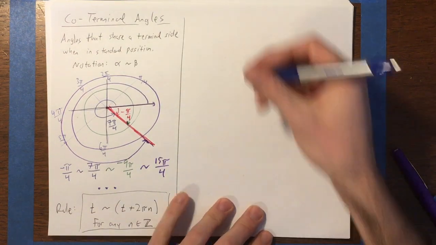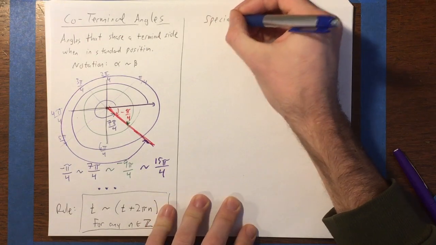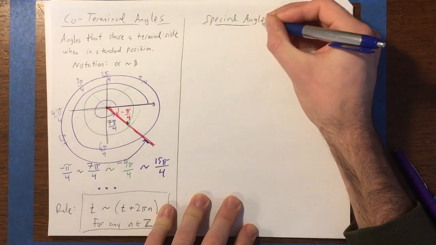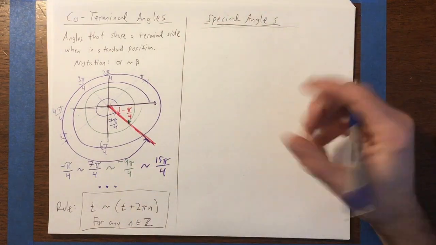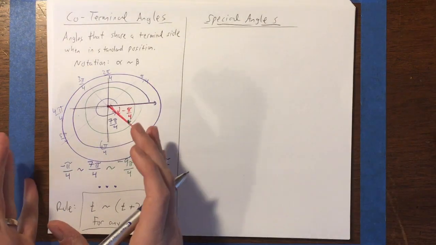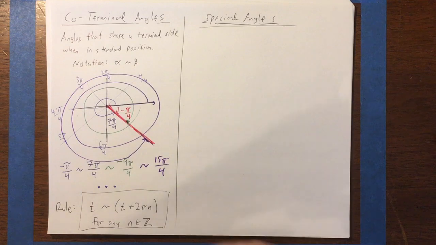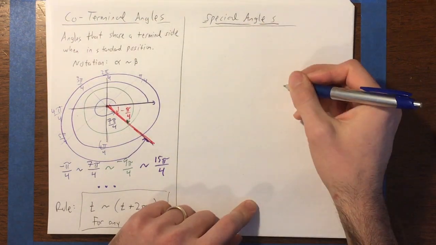Now, I want to also take this opportunity to talk about some special angles. This is not exactly related to coterminal angles, but I just thought I'd put it in the same video. I guess it's kind of related, because the idea of coterminal angles means that really all we need to worry about is angles in the first lap around the circle.